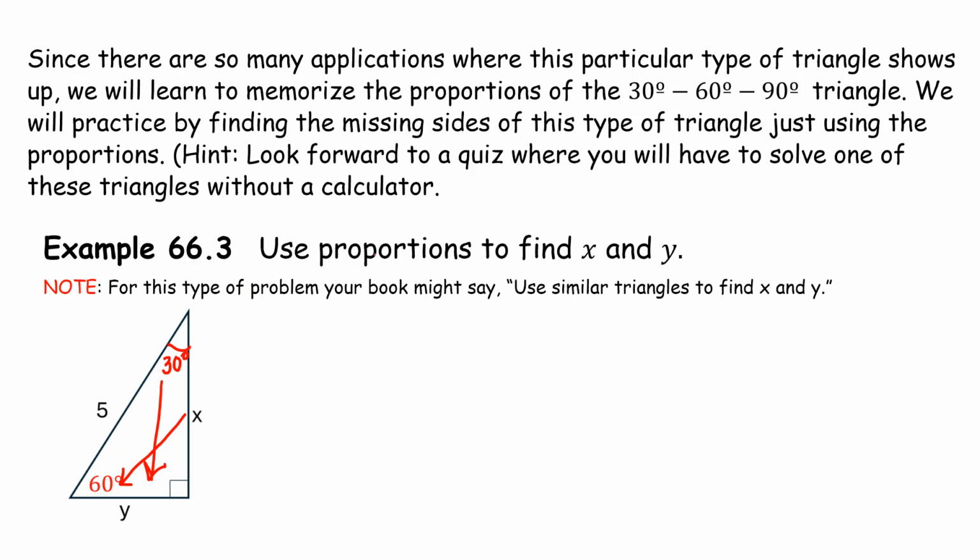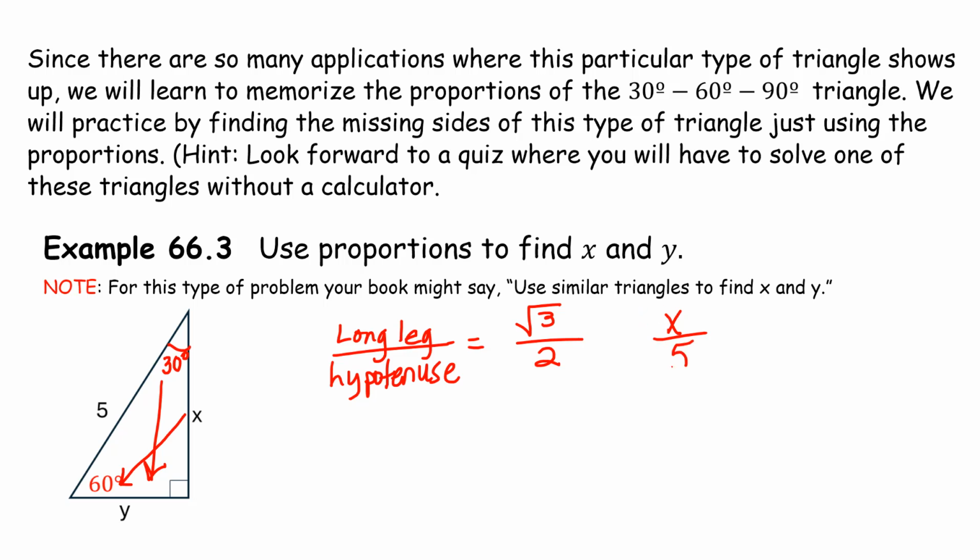So if we want to solve for x, we would say long leg over the hypotenuse is going to be square root of 3 over 2. And we know that the hypotenuse is 5, so the long leg, which is x, is on top.